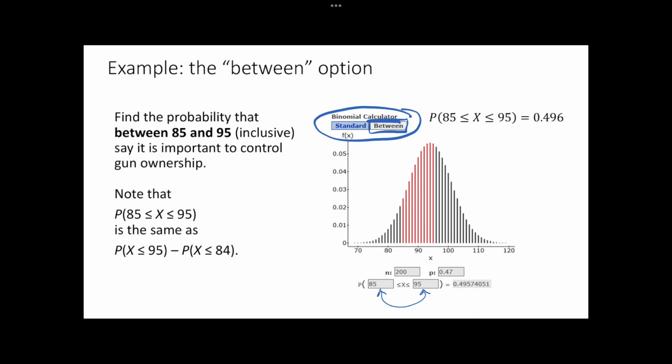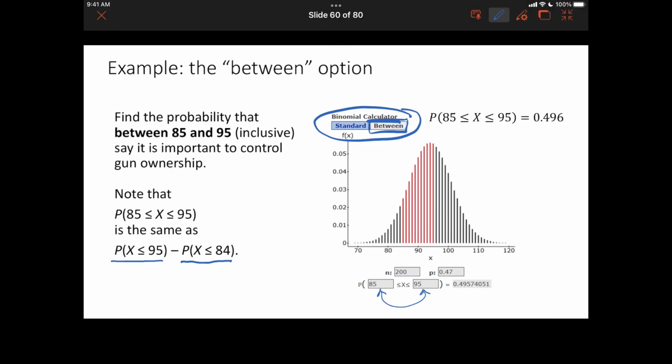Notice this is the same as if I found the probability that X was less than or equal to 95 and subtracted the probability that X was less than or equal to 84. Let me highlight that here. So X less than or equal to 95 would give me this entire yellow region. And so that's more than I want, right?